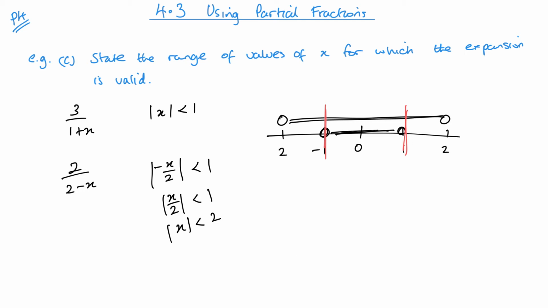So that means that this is valid between 1 and minus 1. So you want to just finish it with a nice sentence. The expansion is valid for mod x less than 1.